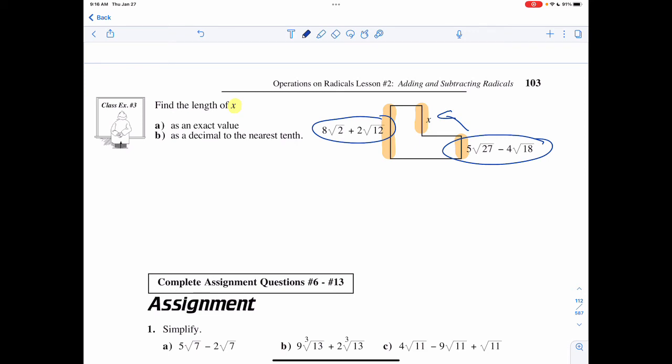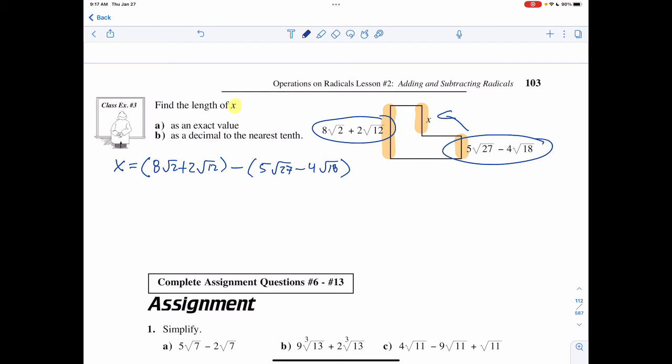So I can say that x is equal to the big length, 8 root 2 plus 2 root 12 minus the small length, 5 root 27 minus 4 root 18.